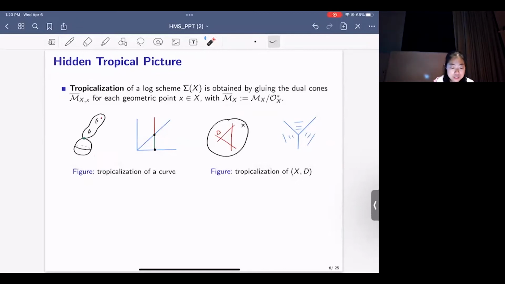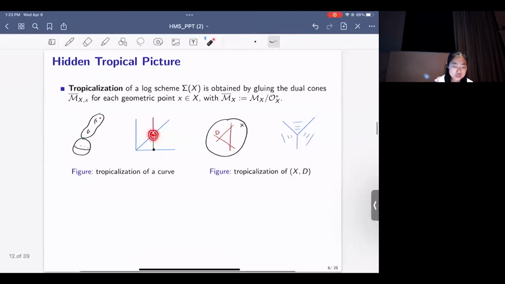And so this is the tropicalization of a curve: it is the dual graph of this curve, where each component is associated to a vertex, a nodal point is associated to an interval, and a marked point is associated to an infinite leg.